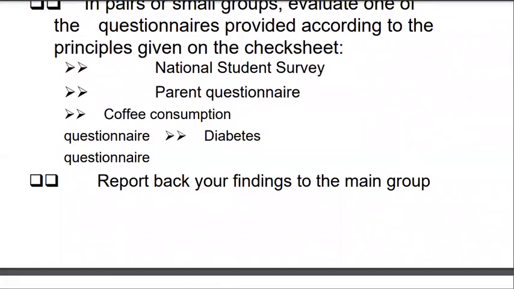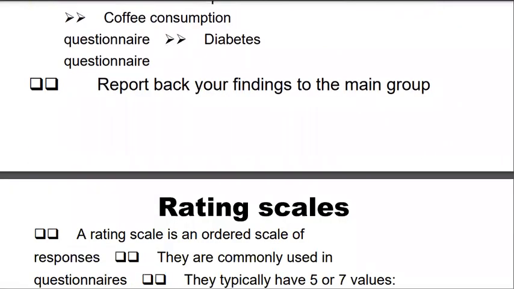Report back your findings to the main group. I will also drop something on a survey of students of the training, something on a particular product launch. I will drop, let's say, 2 or 3, and we'll evaluate them, and you could report your findings.